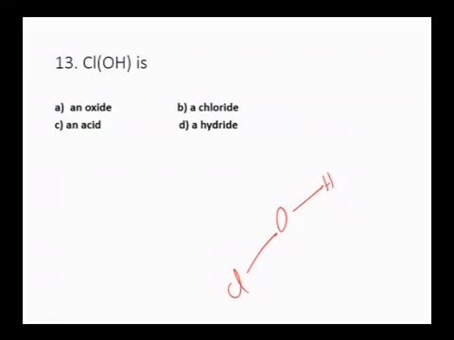Options are oxide, chloride, an acid and hydride. The hydrogen atom is attached to oxygen atom and it is removable. Hence, as per the theory, it acts as an acid. It donates a proton. Hence, the name is also called as hypochlorous acid. So, answer is C.